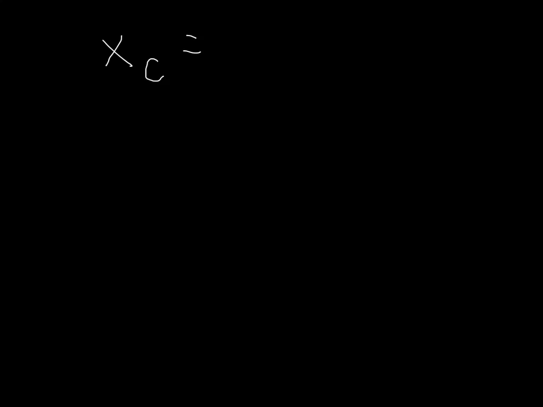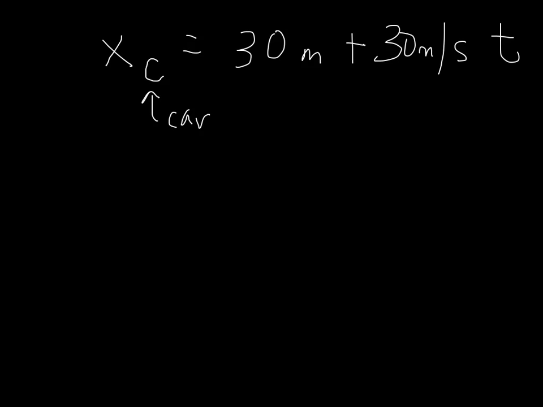So if we solve for the position of the car, using our kinematic equations, we have 30 meters plus 30 meters per second times time. So this is xc equals x plus vt, x initial.